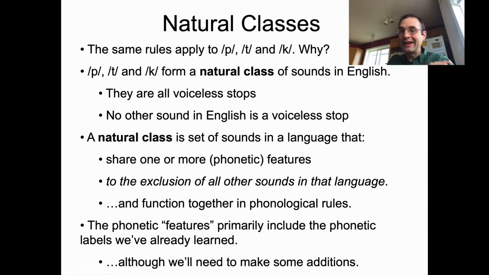It's not defined phonetically like that, by what we can observe in terms of physical reality. Instead, these are going to be defined more abstractly by what patterns together, what features get used to contrast between one group of sounds and the next. So unfortunately, we have to learn a similar but somewhat different set of features to make these descriptions and pick out these various natural classes of sounds.